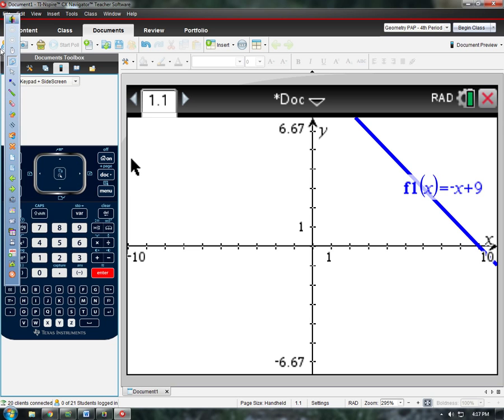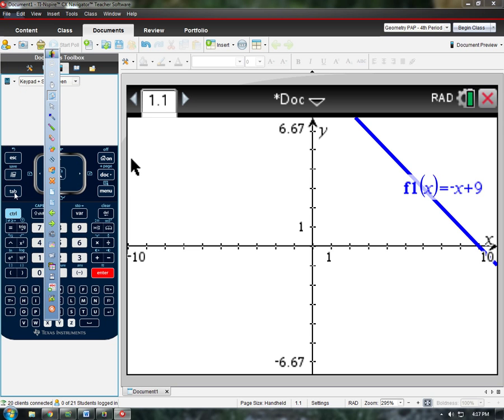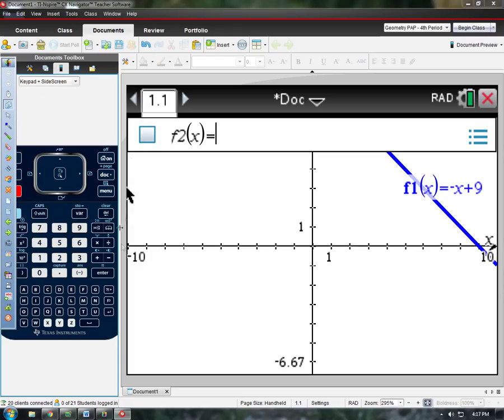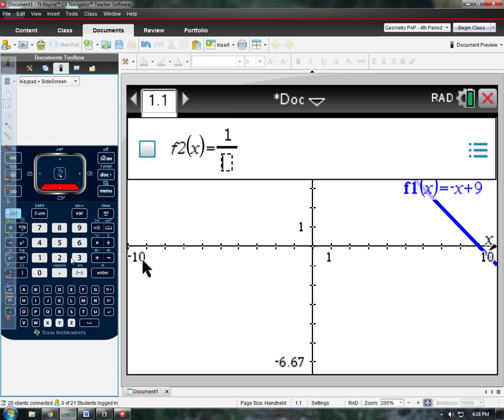If you lose your little equation typing place, hit tab and it'll come back. And then the other one was 1/2 x. If you do control divide, it gives you a fraction bar. 1/2 x plus 3.